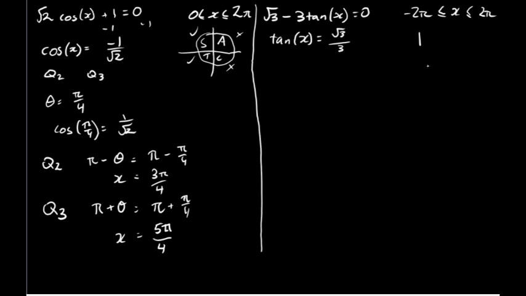So we want positive. So A, S, T, C. So positive in the first one, positive in the third one, not in the second or fourth. So tan x equals square root of 3 on 3.